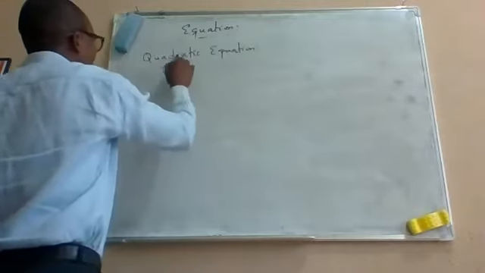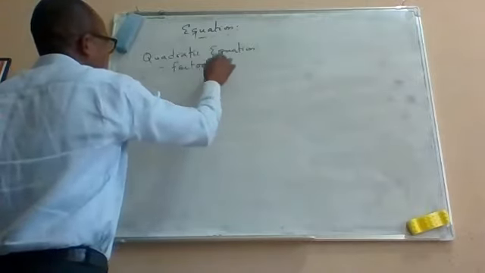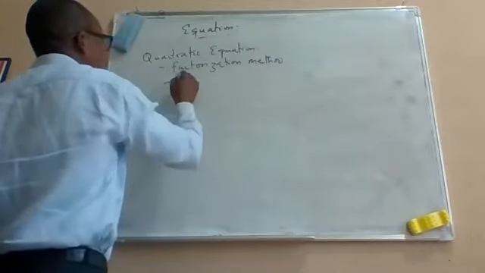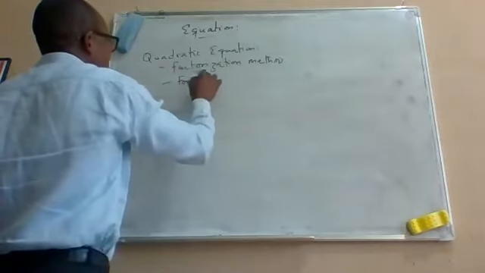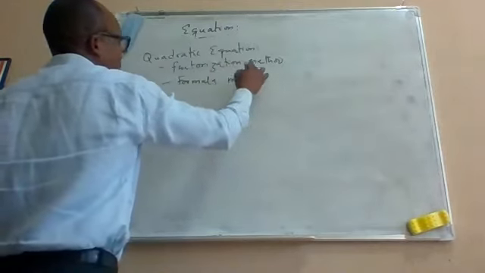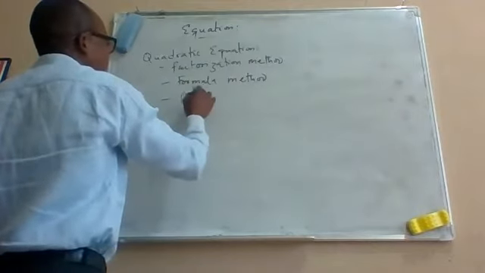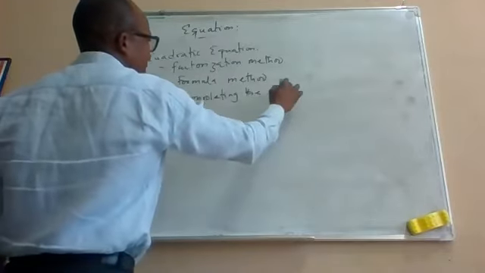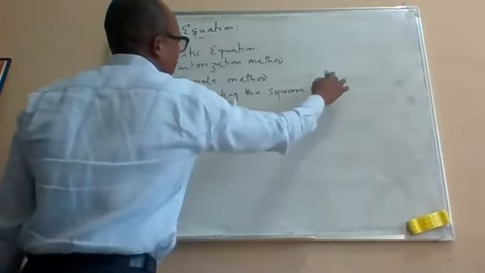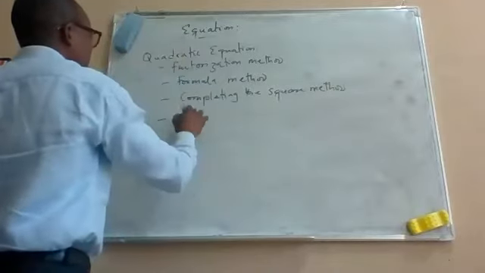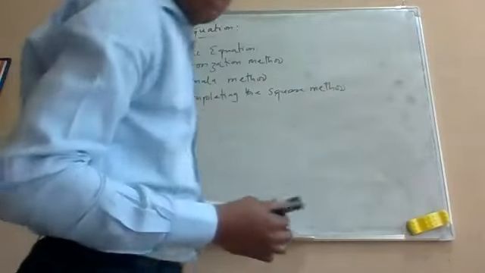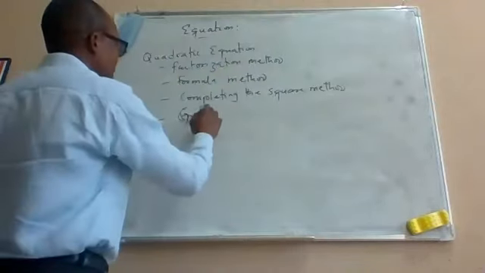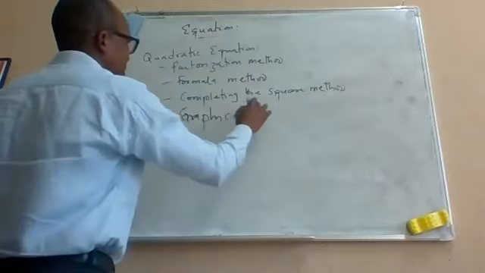We can talk about the factorization method, the formula method, the completing the square method, and lastly, the graphical method.